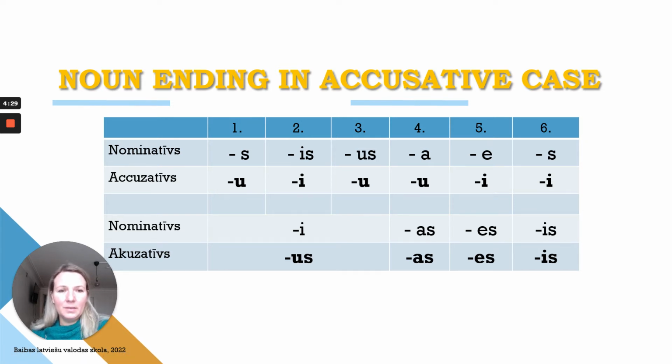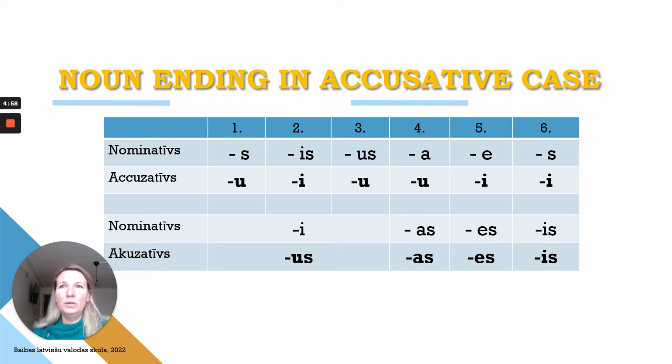Please keep in mind that these endings, the first declension ending, plural as well, and the fourth declension ending, plural as well, will be the endings for adjectives and numerals in accusative case.